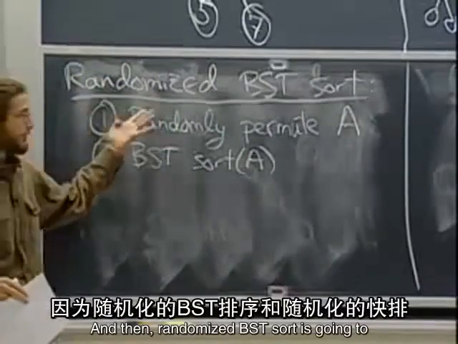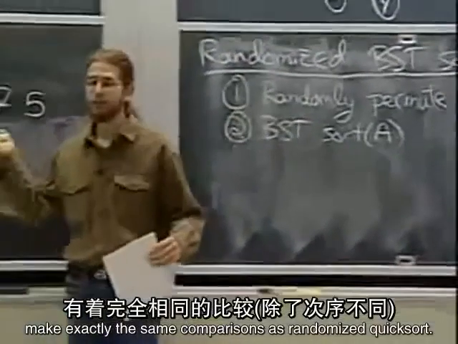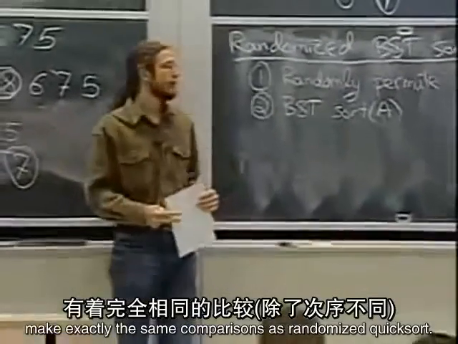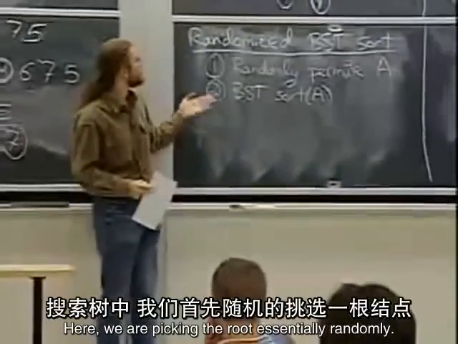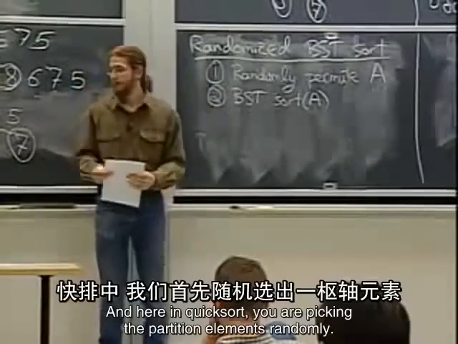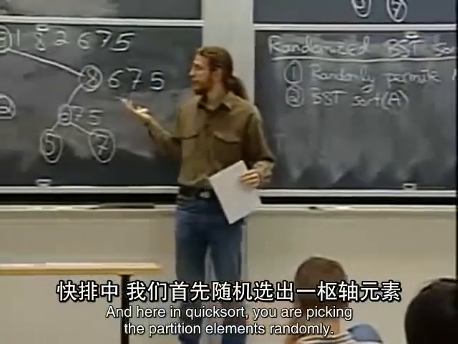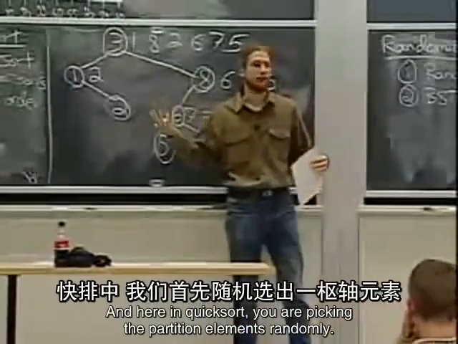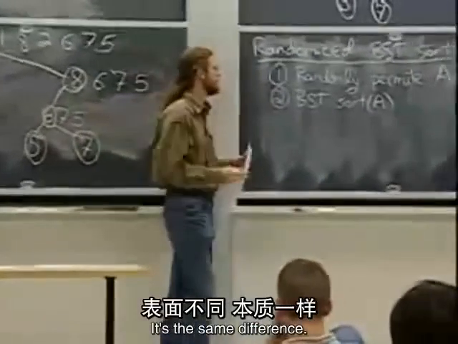And then randomized BST sort is going to make exactly the same comparisons as randomized quicksort. Here, we're picking the root essentially randomly. And over here in quicksort, you're picking the partition element randomly. Same difference.